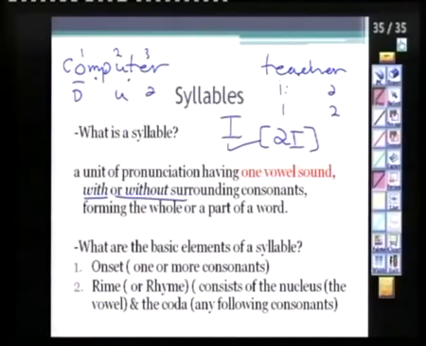Not important to have consonants, because you could have 1 vowel and that's 1 syllable. Just like the word I. The word I consists of 1 syllable. It consists of 1 vowel. It is a syllable. Okay, so with or without surrounding consonants, forming the whole or a part of the word.